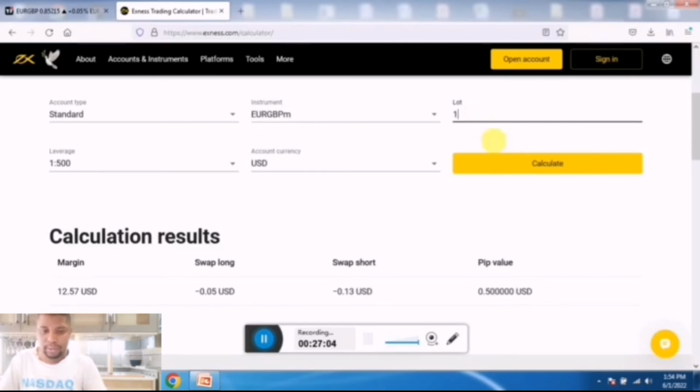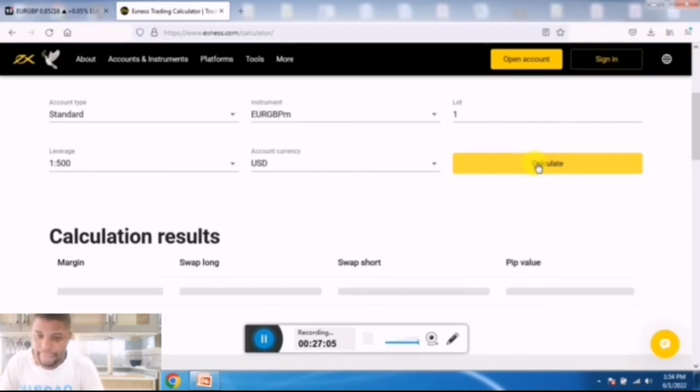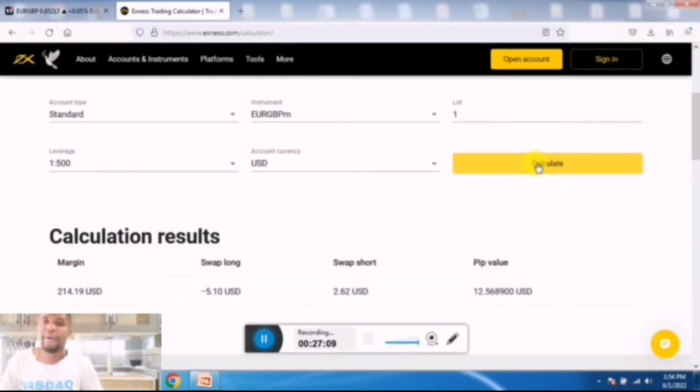So let us see how much the PIP value is. You remember that currencies that have a dollar code currency all have a PIP value of 10.